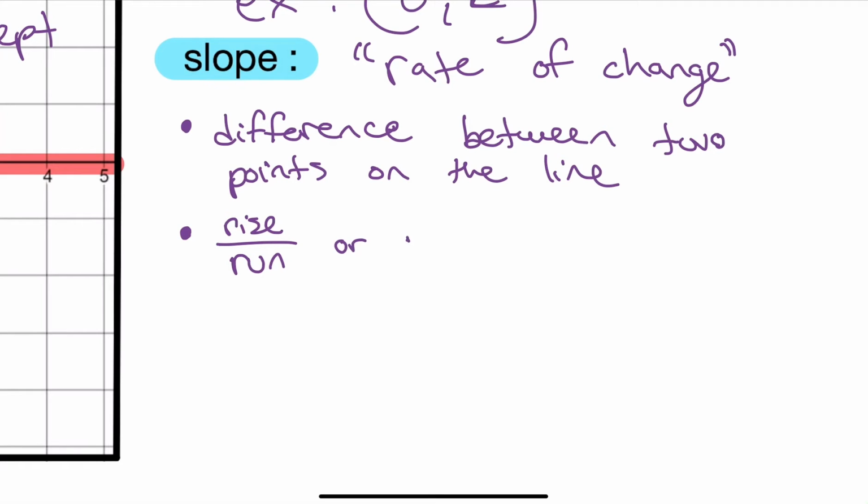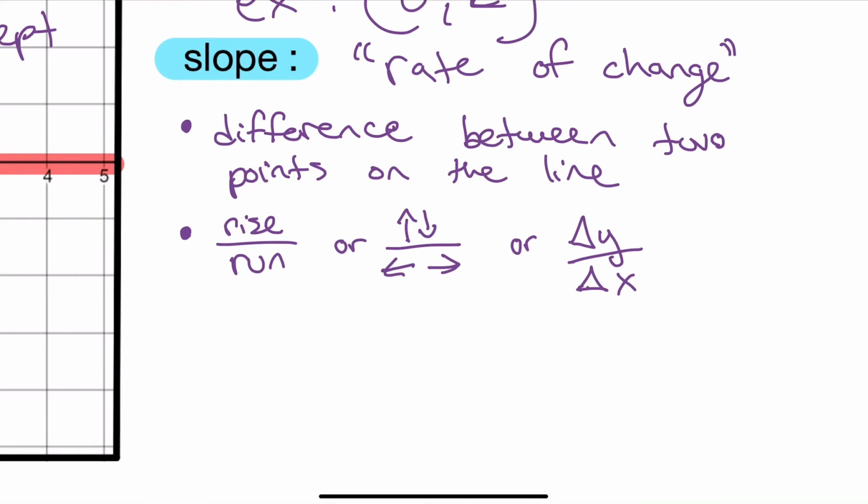We said rise was up or down, and that's over our left to right movement. Or another way to say it, in mathematical terms, we use this little triangle to say the change. So the slope is also the change in y over the change in x. That's another way that we can say that.